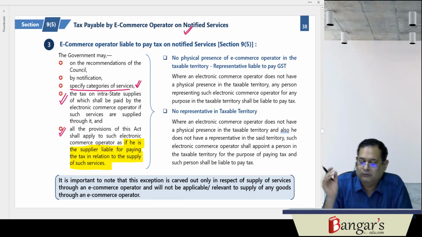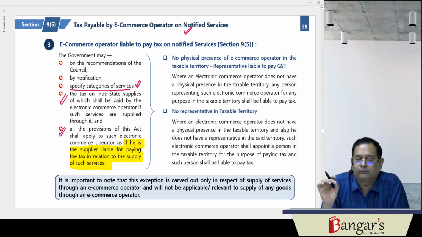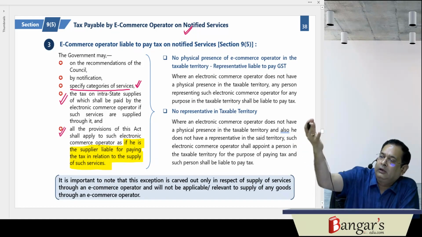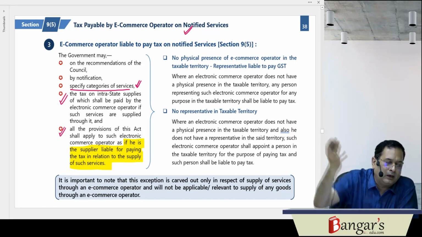Now, these e-commerce operators can be located, say, in UK, in US, anywhere.